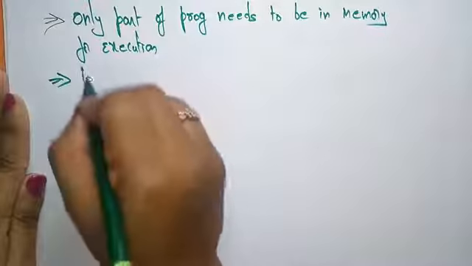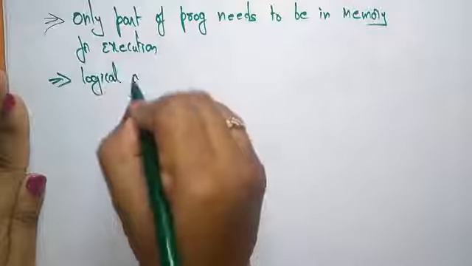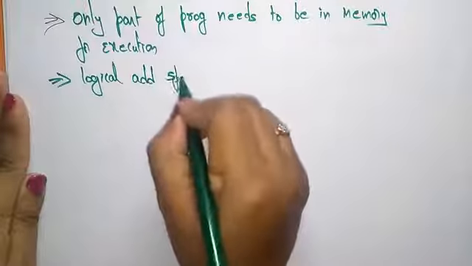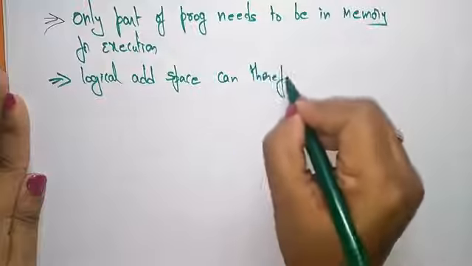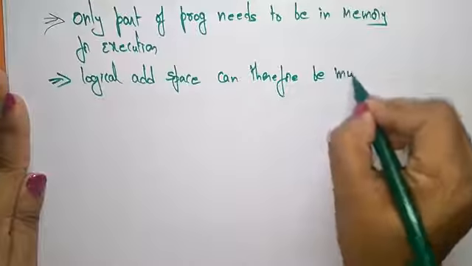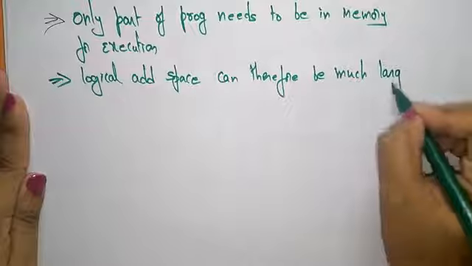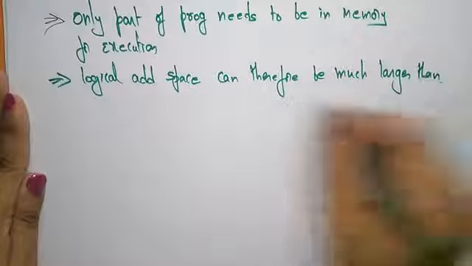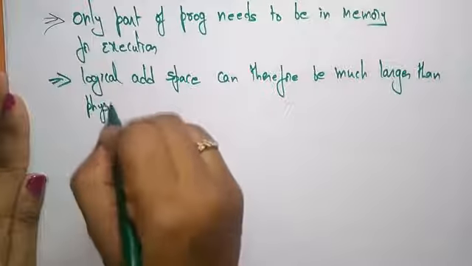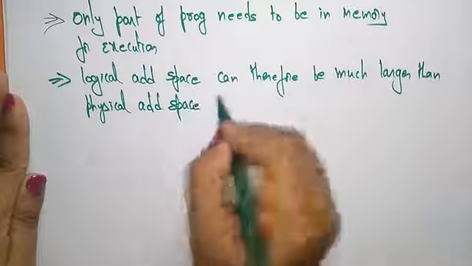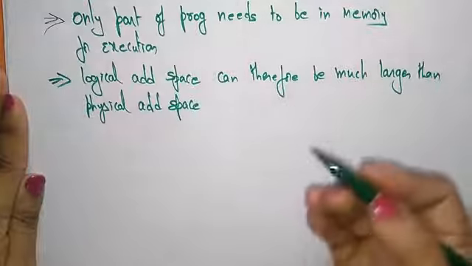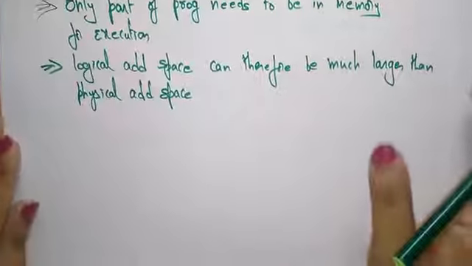So the logical address space can therefore be much larger than the physical address space. Whatever logical address space we are using in virtual memory is much larger than the physical address space.